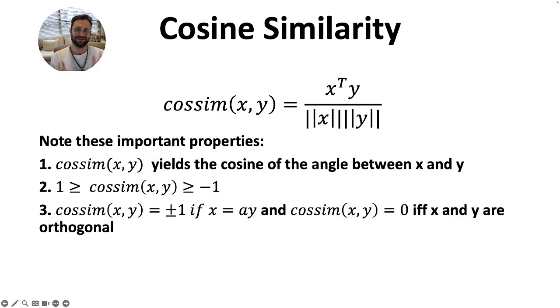It's not just because of the normalization, it's because of the particular operation of inner product, which we will cover in week 3 when we're talking about the projection theory in detail. But long story short, the cosine similarity gives you nothing but the cosine of the angle between x and y.